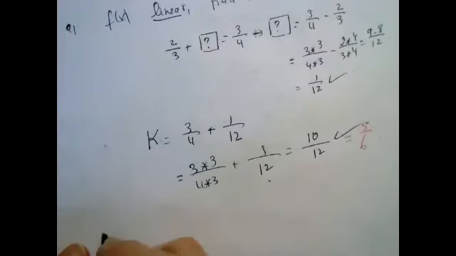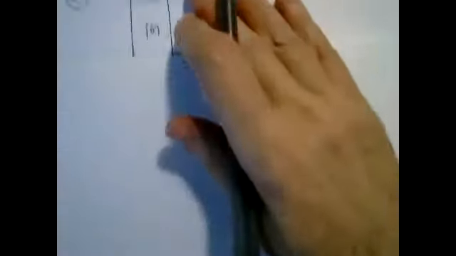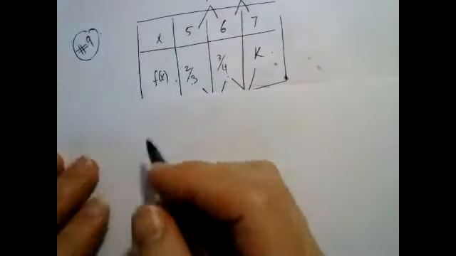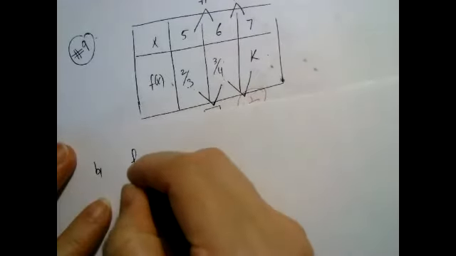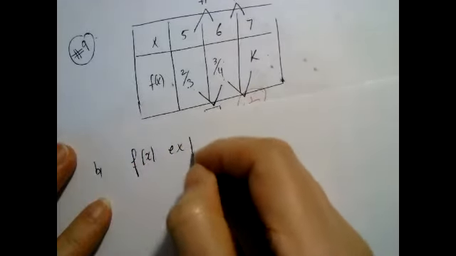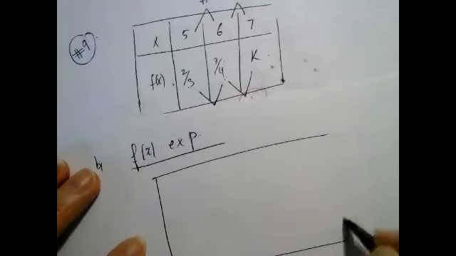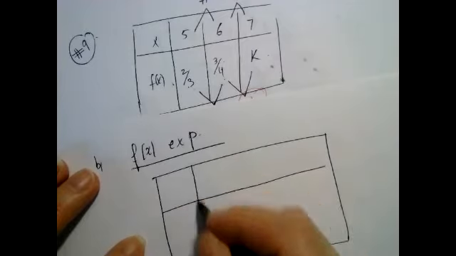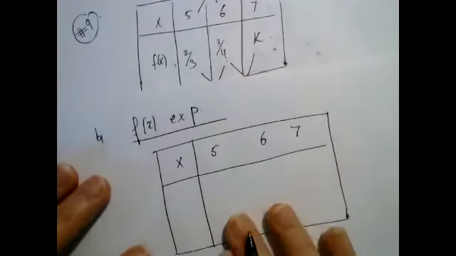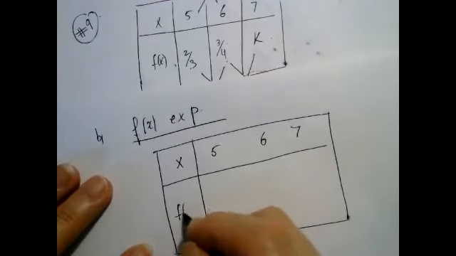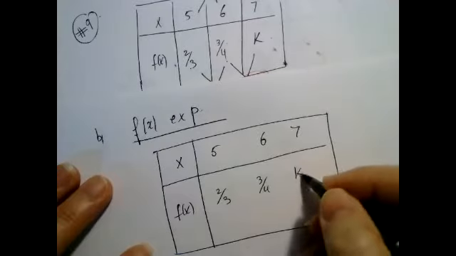Now suppose it's exponential. The same problem is exponential. What should be k? 5, 6, 7, and 2/3, 3/4, and k.